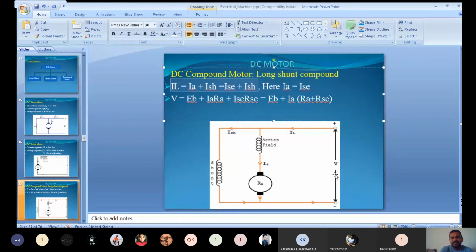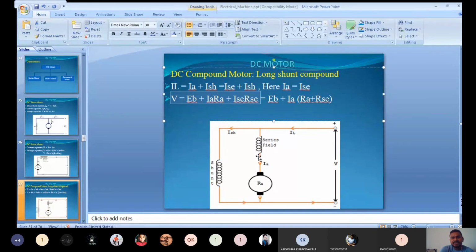Now the voltage equation. Here is the supply voltage V. V is equal to back EMF EB plus IARA drop, that means the voltage drop in the armature winding, plus the voltage drop in the series field winding. So the equation becomes V is equal to EB plus IARA plus ISC RSC.